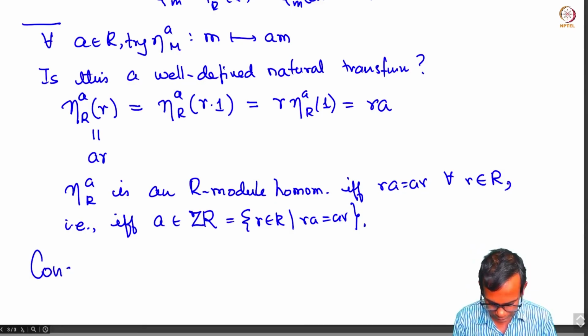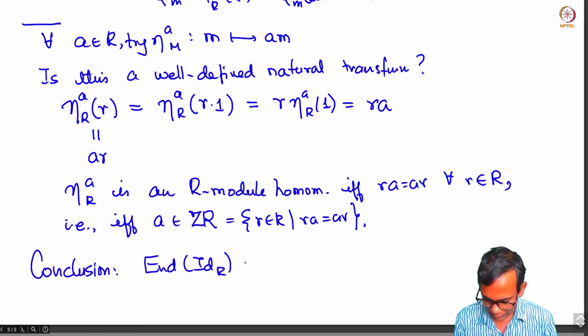And so the conclusion is that End of the identity functor of R modules is the center of R.